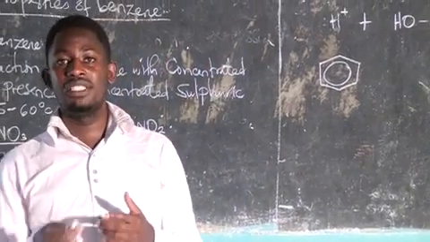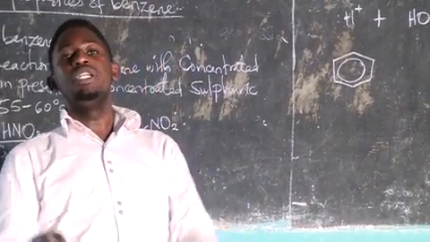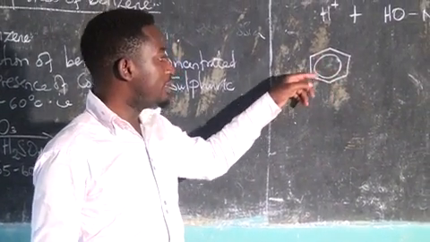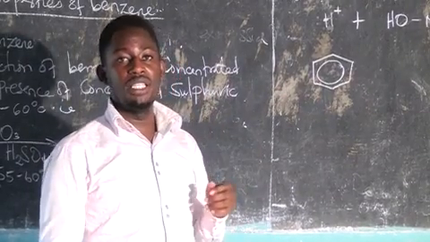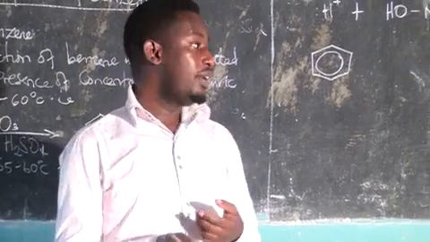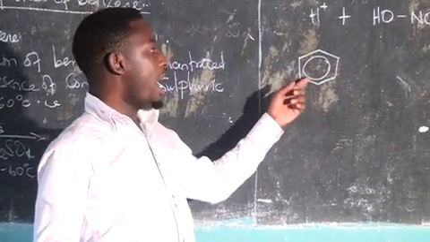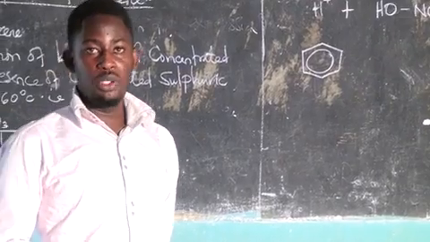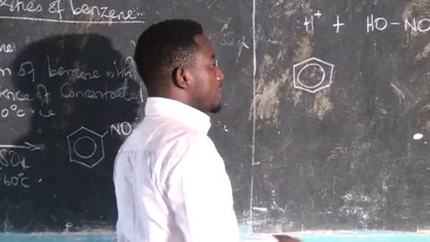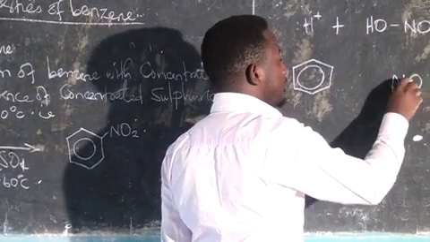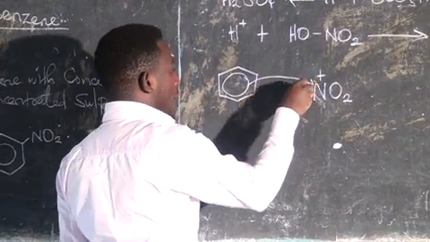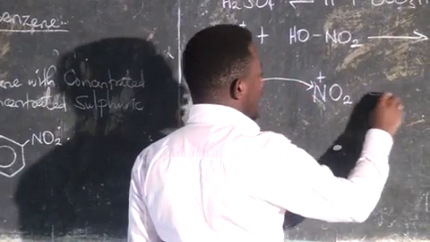A nucleophile is simply an electron-rich species, and because benzene has delocalized electrons in that ring, it is also a nucleophile, and these electrons are able to attack the electrophile, in that case the nitro group. So it is going to come and attack the nitrogen.